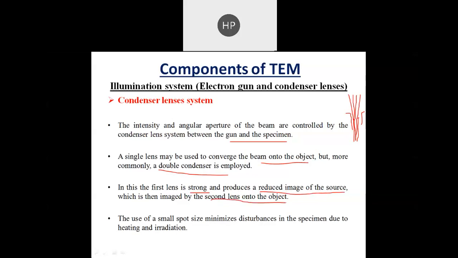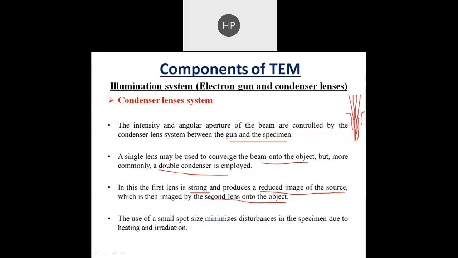Okay, so this is how we use double condenser lenses. We put a very strong condenser lens first so that it will drastically reduce the source, and then we use the secondary lens so that it will exactly locate that onto the object.